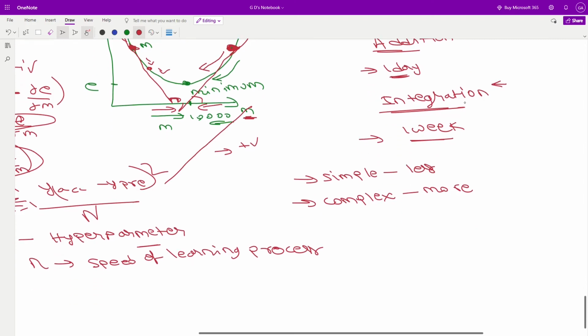So let me show you a graph of what happens if you have a high learning rate or a lower learning rate. For example, assume your learning rate is too low, and you have selected your m value here.